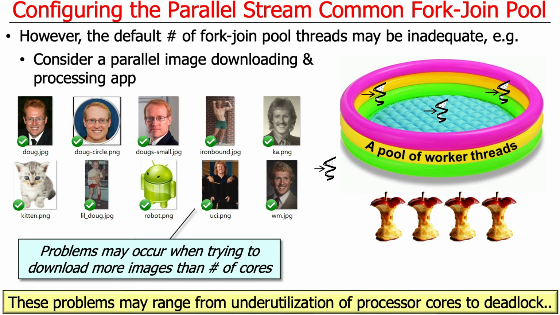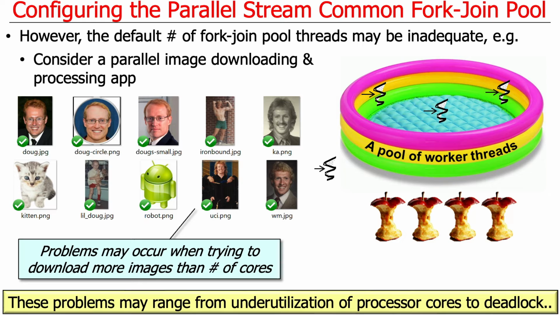However, problems may occur if you try to download more images than there are cores. Let's say, for the sake of argument, we have 4 cores and we're trying to download 10 images. The problem is that you're going to underutilize the processor cores, because once the 4 cores are used to start downloading images, those threads in the pool will be blocked, and even though there are more images that could be downloaded if there were threads available, instead they're all blocked downloading the 4 images.